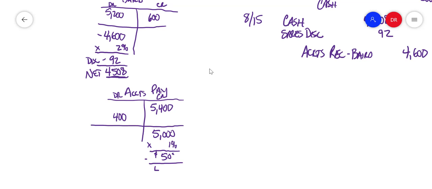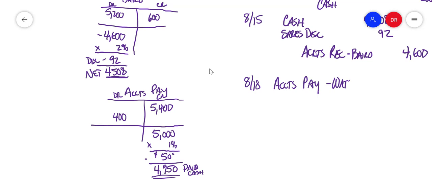So that'll be $4,950, the net cash that we need to pay to settle this. So this is paid in cash. Okay, so we're going to go up here and do the entry. On August the 18th, we debit accounts payable for Waters.